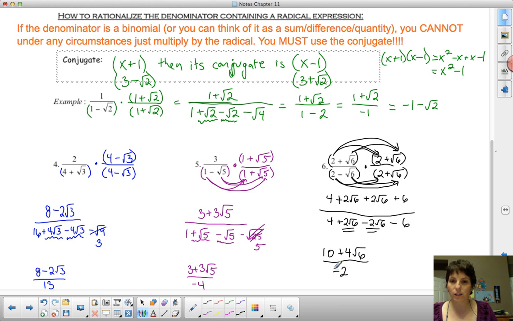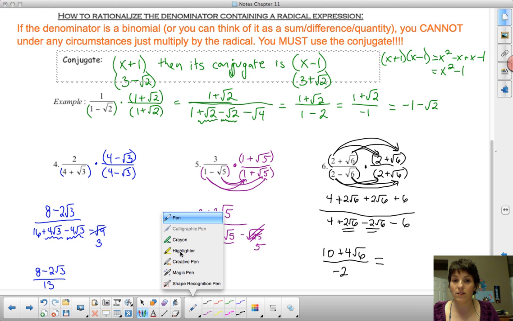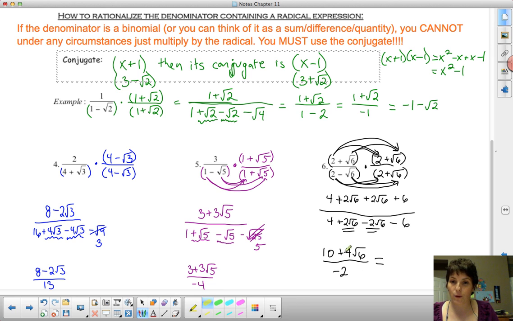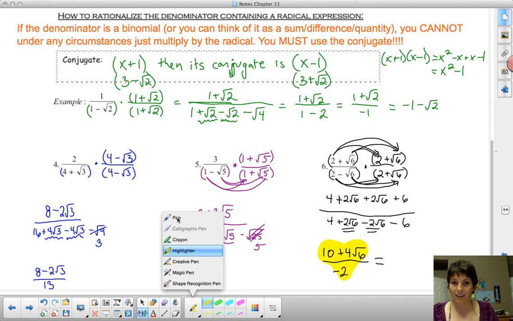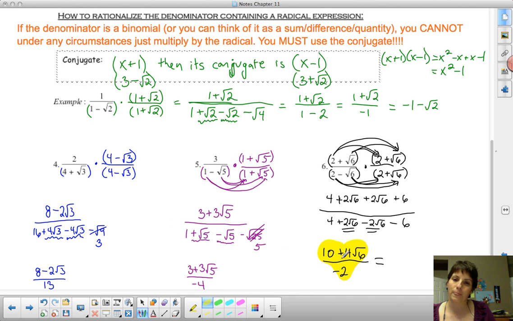And we always check our fraction to see if we can simplify. And in this particular problem, we can. We talked a while ago about that heart method, right? If you have a binomial over a monomial, you can check the heart. And if all 3 pieces of the heart are divisible, then you have to simplify.